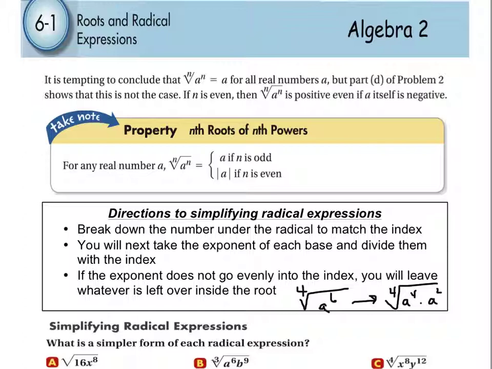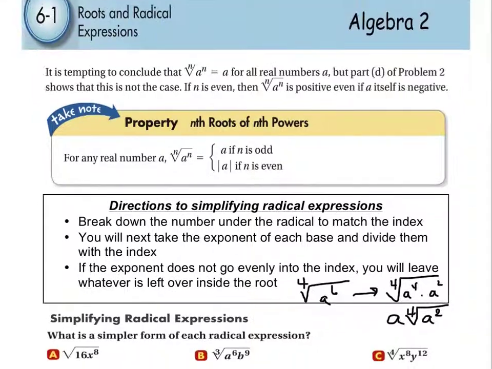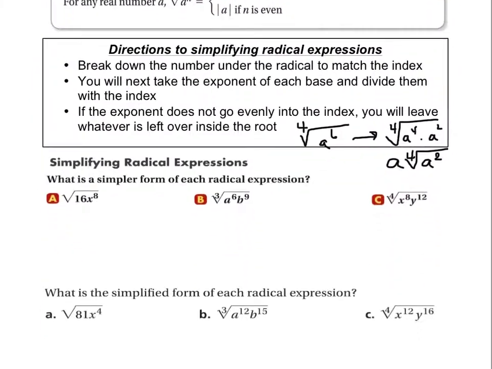Once I do that, this a to the fourth cancels out with the root's 4 and goes outside of the root, but the 2 that are left over will stay on the inside. So that's an example if you don't have a number that matches up. Most of the numbers today are going to match up for you. All right, so let's take a look at some examples here.